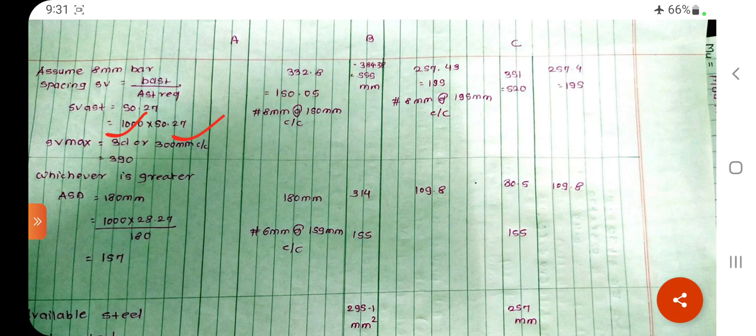So as small d is 120 mm, 3d will be equal to 360 or 300 mm. So both these values are very much greater. That's why we are providing our steel at these values only, 195 and 150 mm center to center.